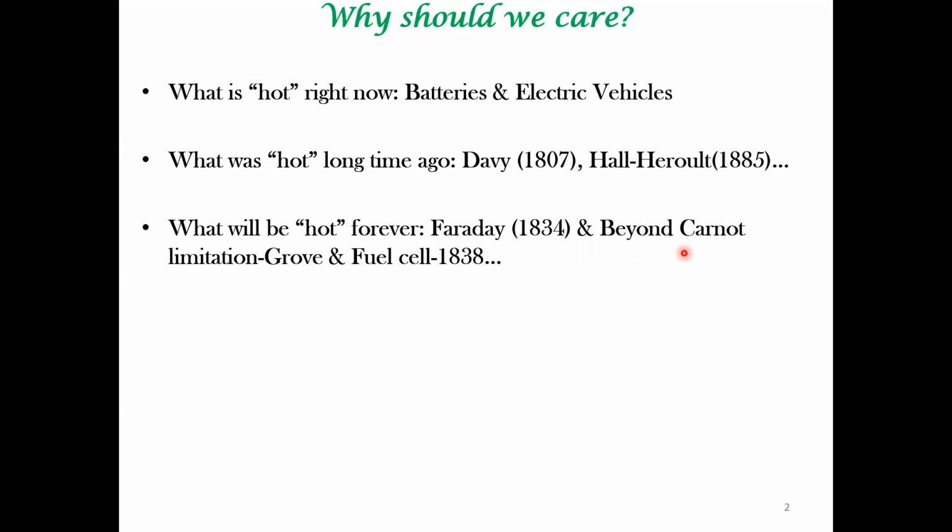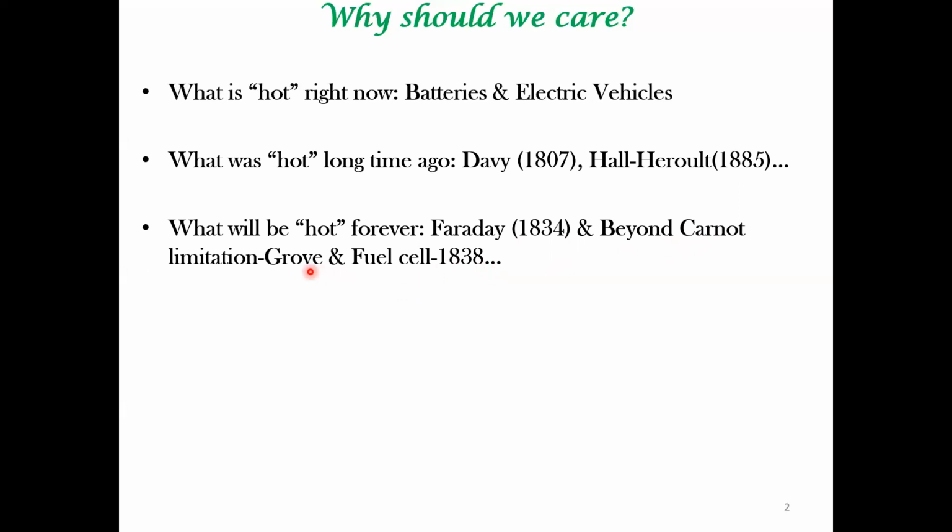Whereas in an electrochemical device like a battery or a fuel cell, the chemical fuel is utilized to generate electrical power, electrical work. That is not limited by Carnot efficiency. So that has been the promise of fuel cells and batteries, that you can better utilize the energy generated by oxidation or combustion of a fuel. Again, fuel cell is not a recent topic.